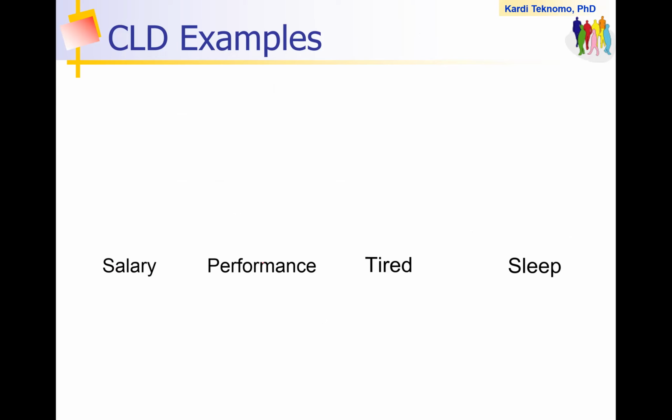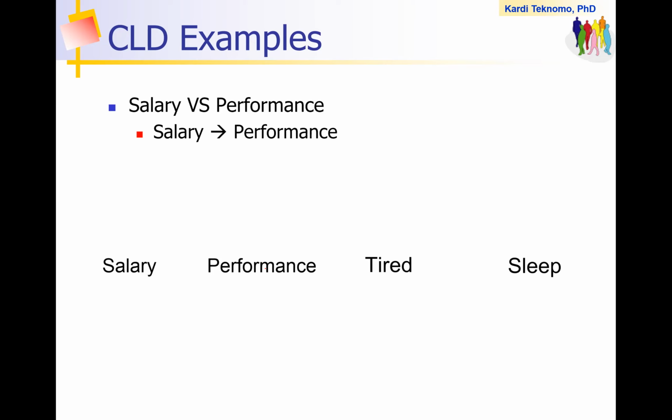So let us see how we will create this CLD, causal loop diagram. The more salary that you have, the better your performance, isn't it? So let's say salary versus performance. The more salary that you have, the higher your performance. So this is positive, isn't it? When your salary increase, your performance also increase.